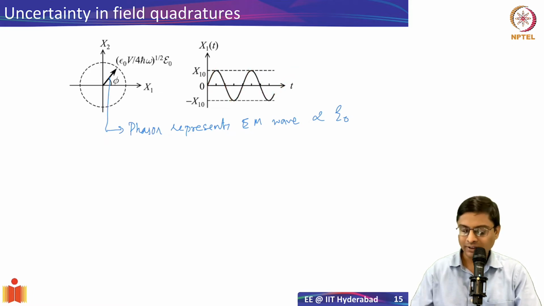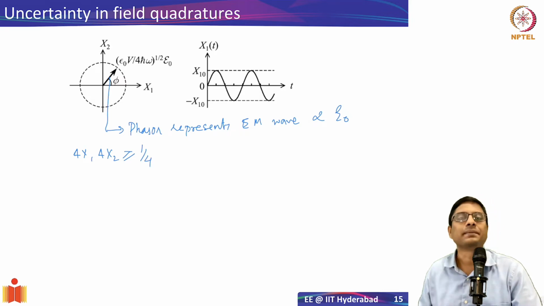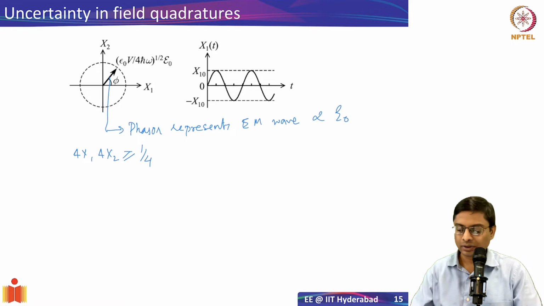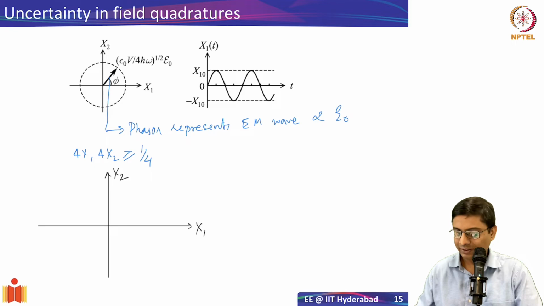Now, we said that delta x1 times delta x2 should be greater than or equal to 1/4. What does it mean? Okay. So now let's try to understand that. For that, let me take this axis, this is my x1 axis and this is my x2 axis.